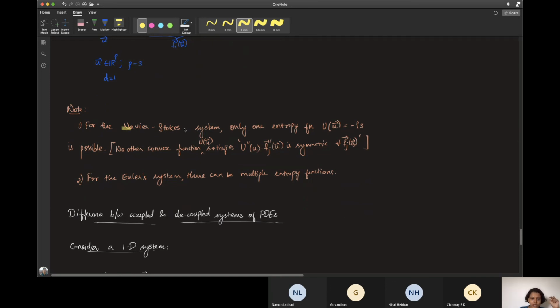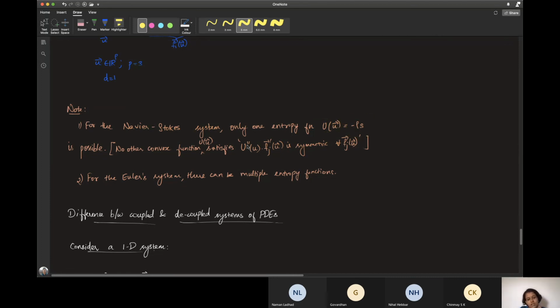For the general system, I told you that the entropy functions need not be unique. Something that satisfies this property is an entropy function, so many functions can satisfy it and turn out to be entropy functions. But for the Navier-Stokes equations, it turns out that only one entropy function is possible, and that is the physical entropy itself, that is minus rho s.